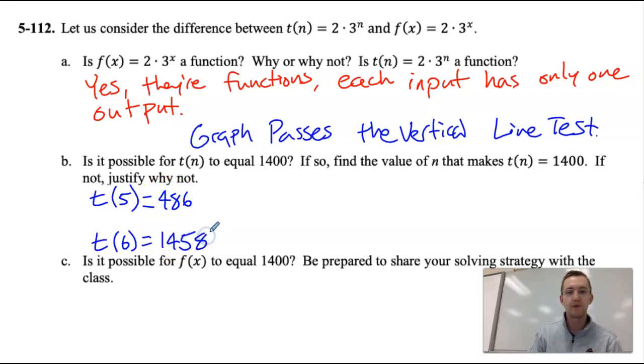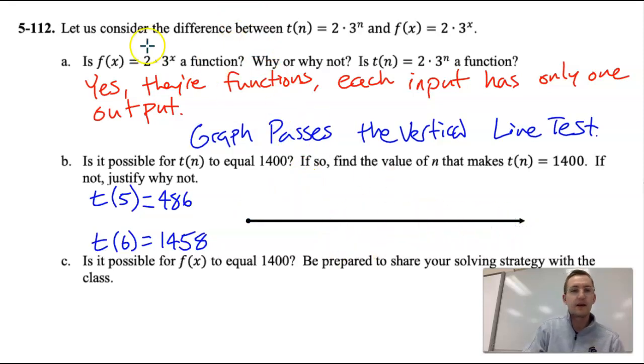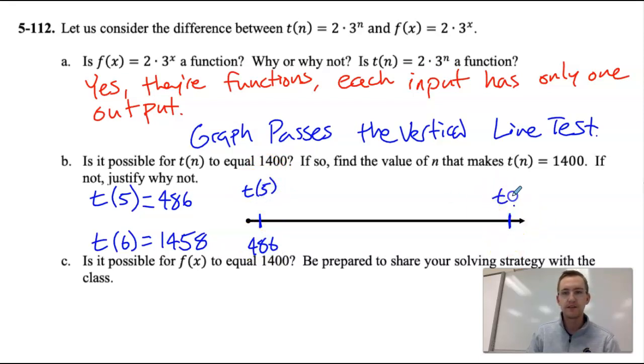If we put those on a number line, this will be 486, which is T of 5. We've got our other end over here. This is going to be T of 6, where our sequence is 1458.